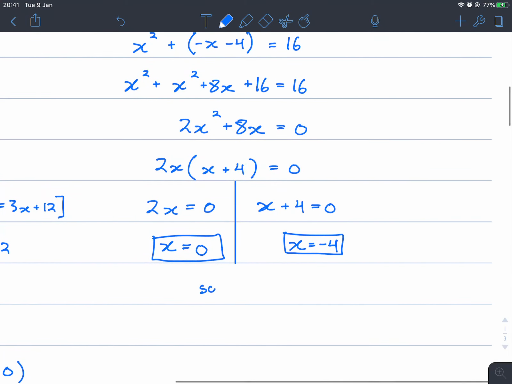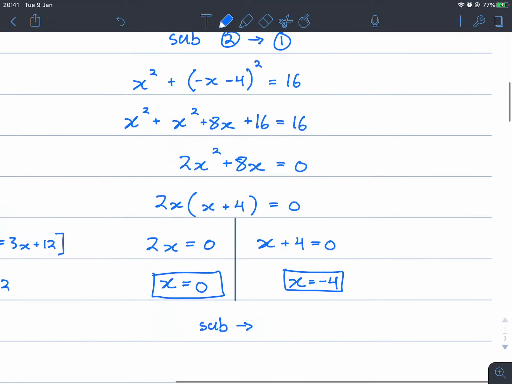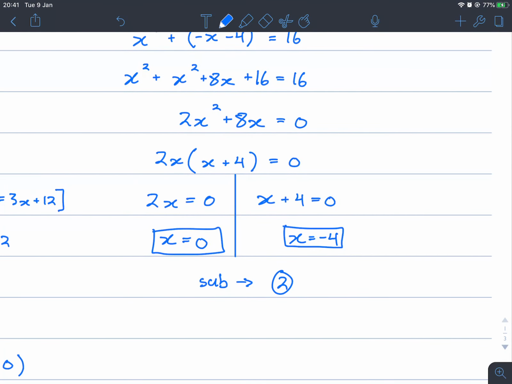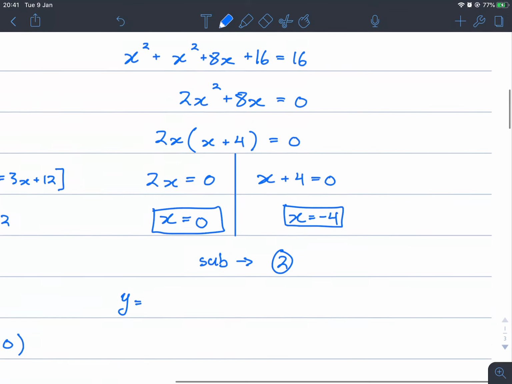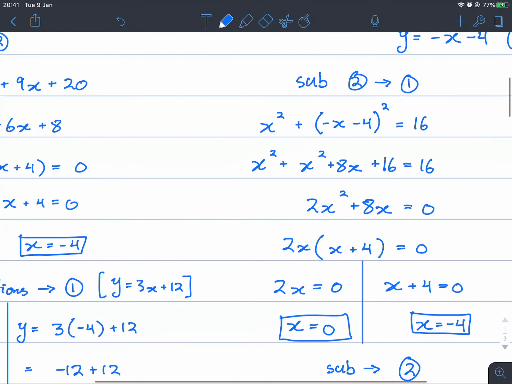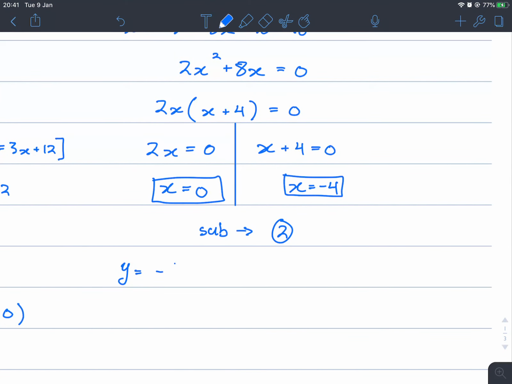Now we're going to substitute this into my second equation because it's the easier one. So sub this into number 2. So we have y equals -x minus 4, so it's going to be -0 minus 4.